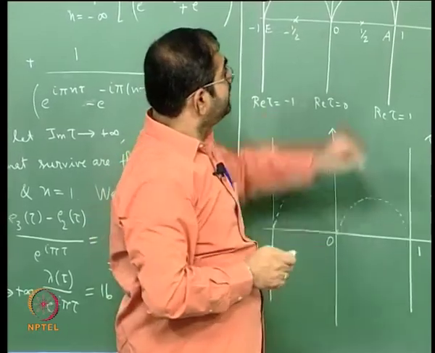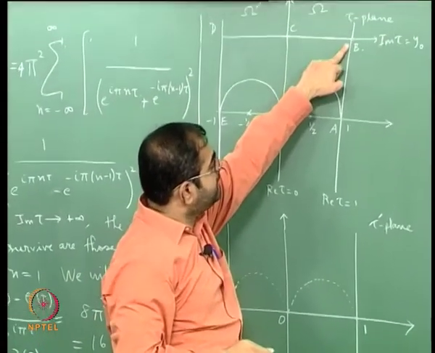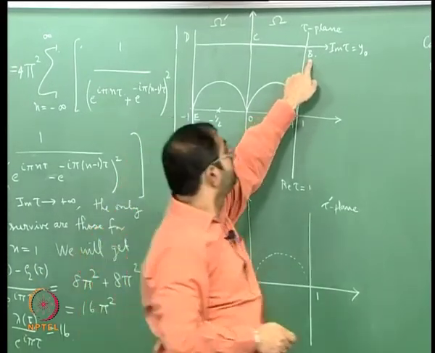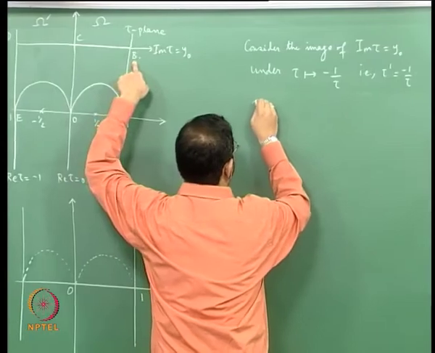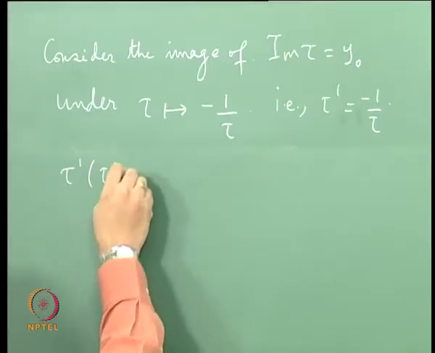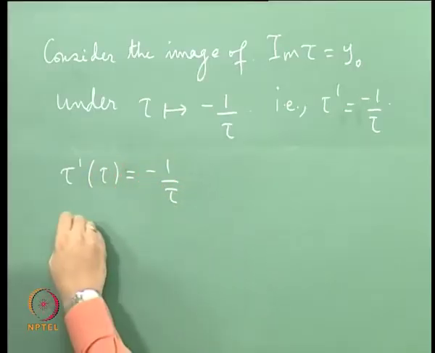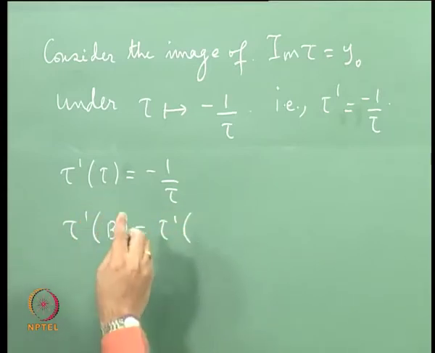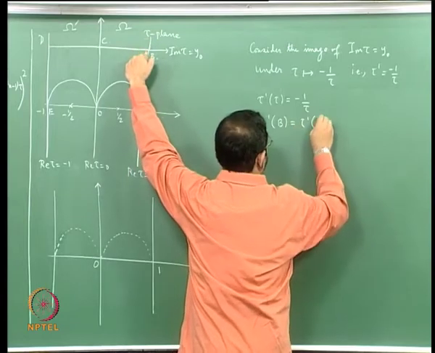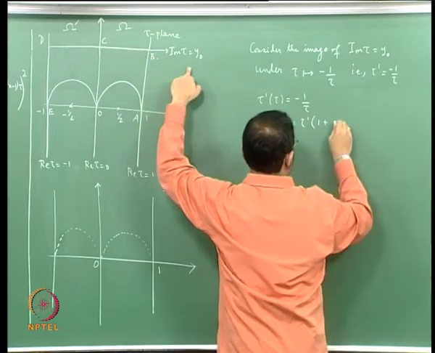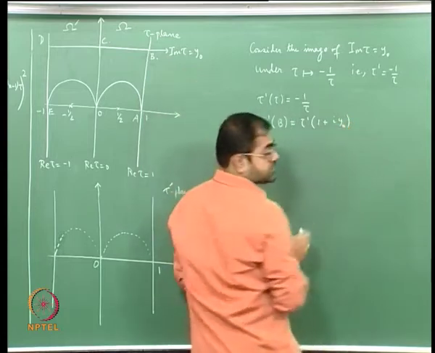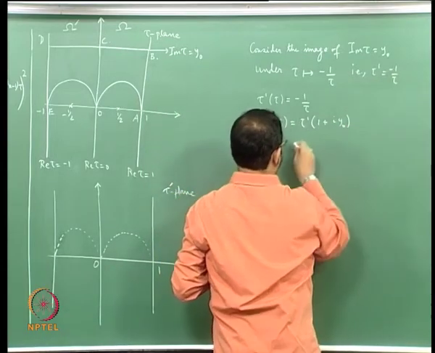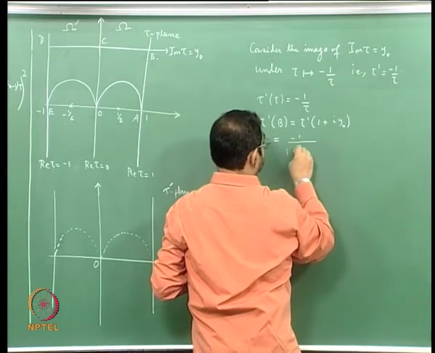Now you can see that, if I put, what is the image of B? So B is the point, if I calculate tau prime of tau, which is -1 by tau, tau prime of the point B, well, the point B is 1 plus I times y naught, and tau prime of tau is -1 by tau, so this is going to be -1 by 1 plus I y naught.